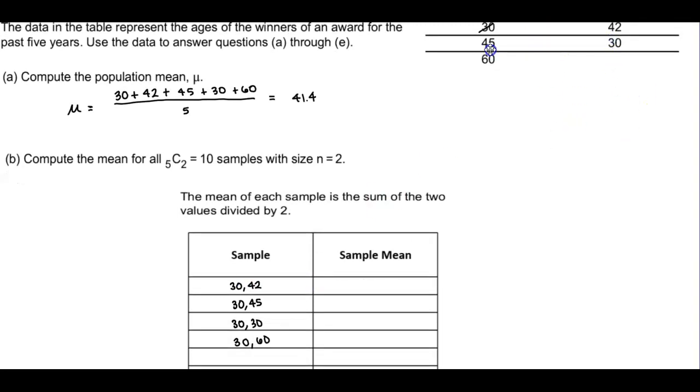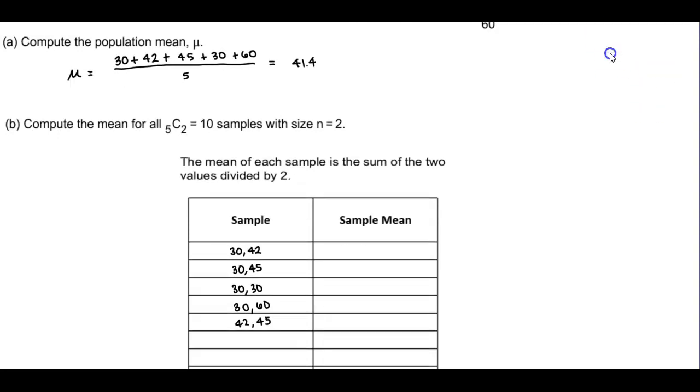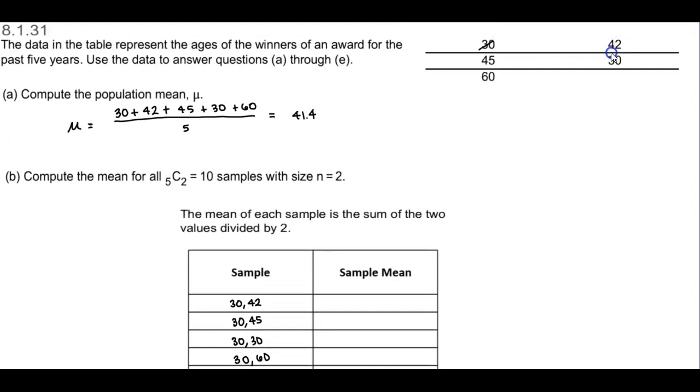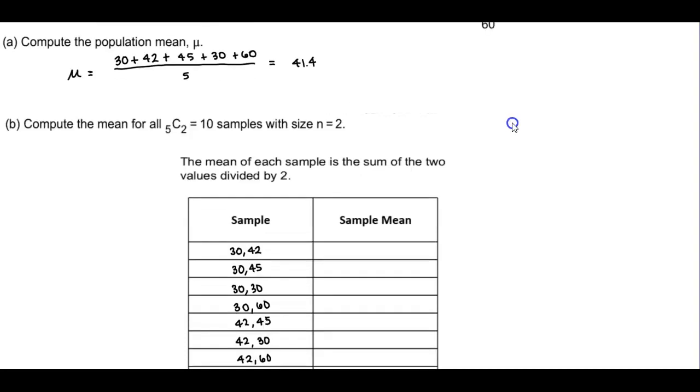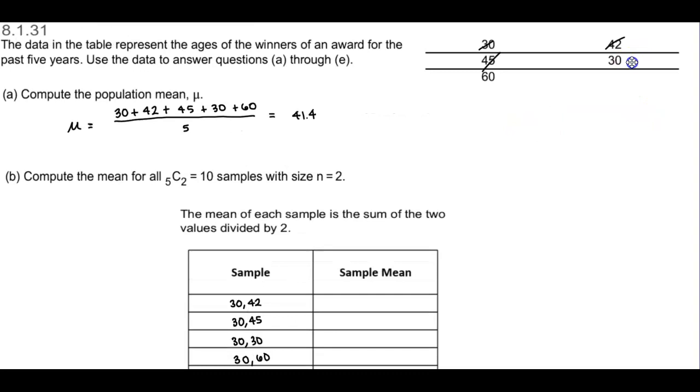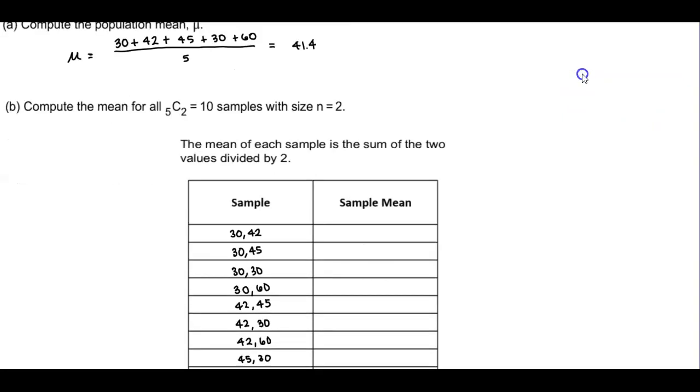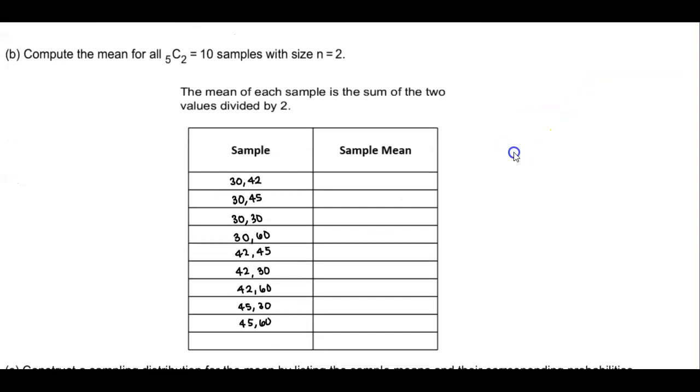We use 42 and 45, and then 42 and 30, and then 42 and 60. Now we go from 45 to 30 and 45 to 60. So we got 45 and 30, 45 and 60, and then we have 30 to 60, and that's the last of them that we can combine as a sample size of 2.